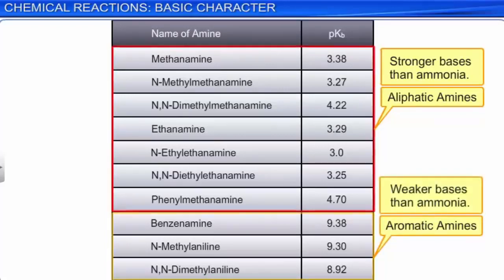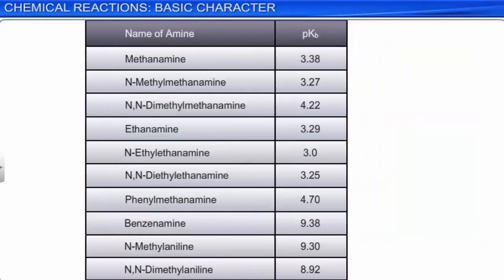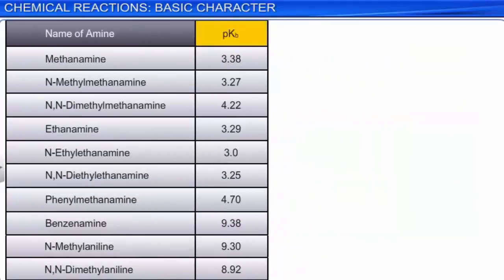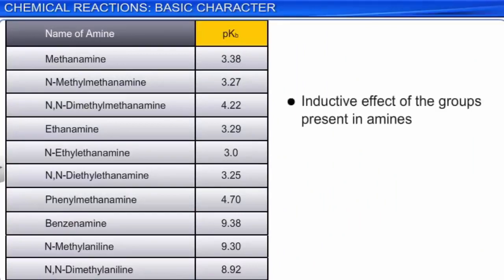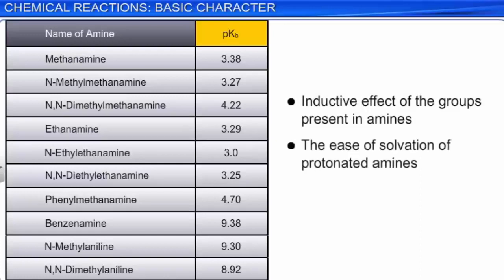The Kb or pKb values of amines are affected by factors like the inductive effect of the groups present in amines, the ease of solvation of protonated amines, and steric hindrance. Consider the inductive effect of an alkyl group of an alkylamine.